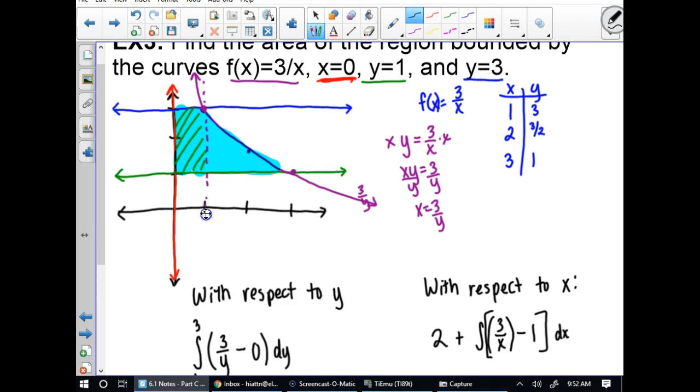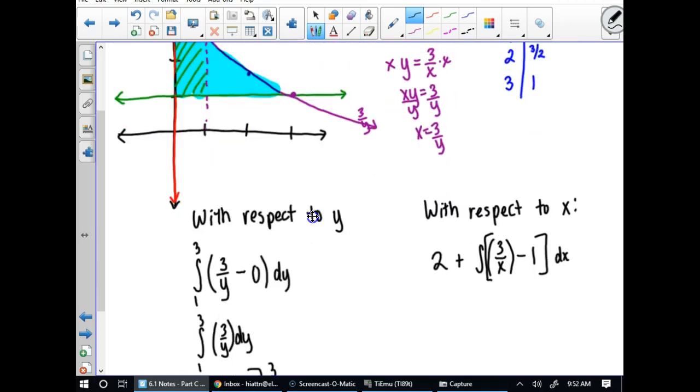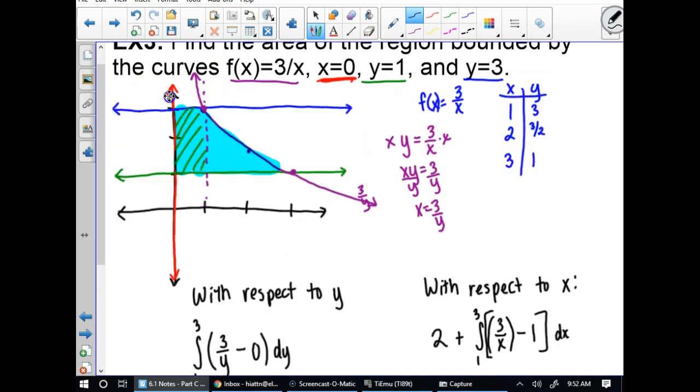And what would be my limits of integration there? It's not going to be 0 to 3 because I already did this part with the rectangle, so I'll do 1 to 3, which has nothing to do with the y limits, which happen to also be the same, so try not to get that confused. We're looking on the x-axis here, 1 to 3.